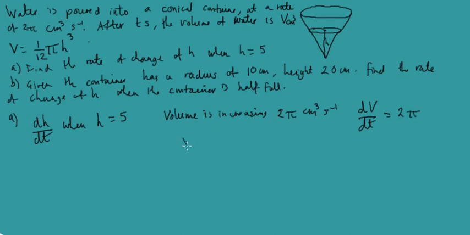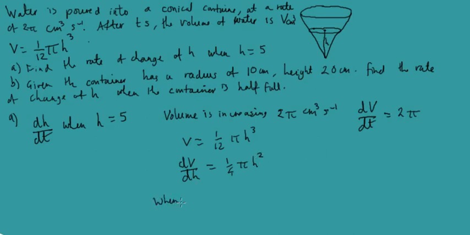Now the volume is given by a 12th pi h cubed. And if we find dV by dh, that gives us a quarter pi h squared.